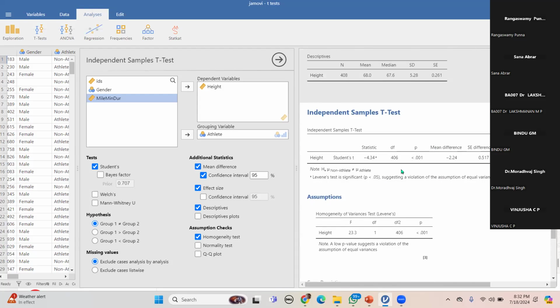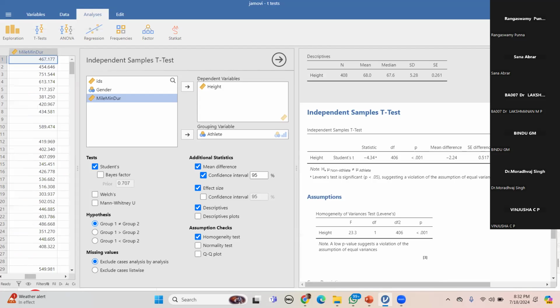Second, we got the confidence interval. Though I'm saying 2.24 is the mean difference in height between athlete and non-athlete, the lower bound is 3.26 and the upper bound should be on the opposite side.